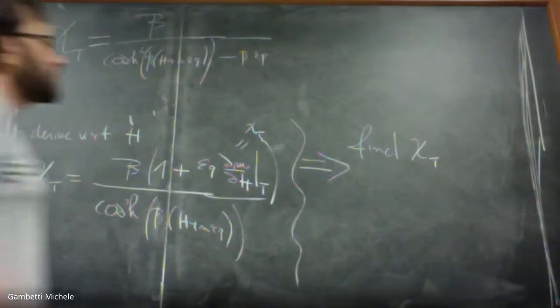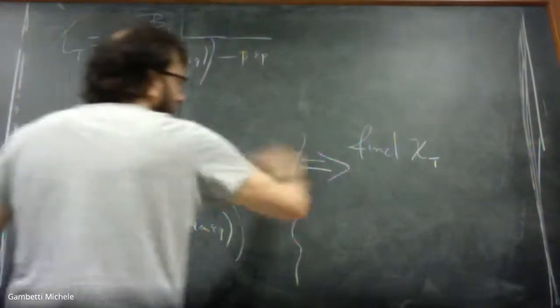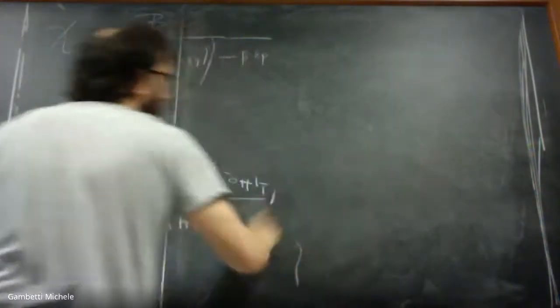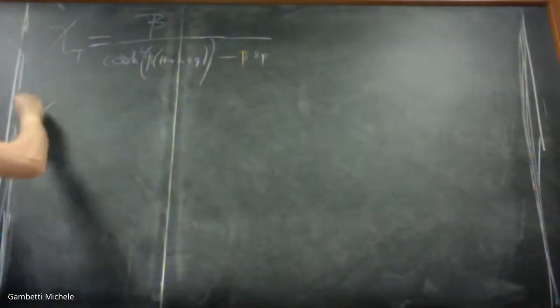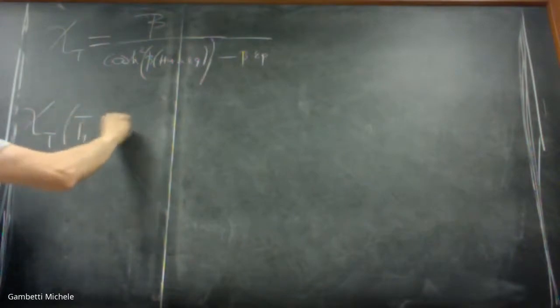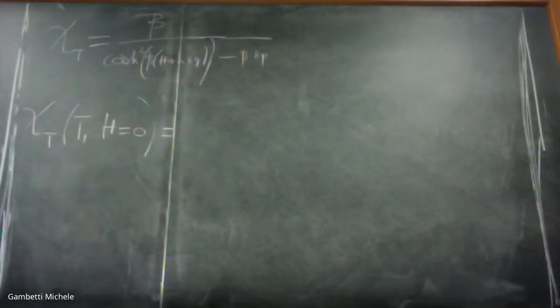Okay, so now let's compute it in order to define this critical exponent. Let's compute chi of T for h equal to 0.